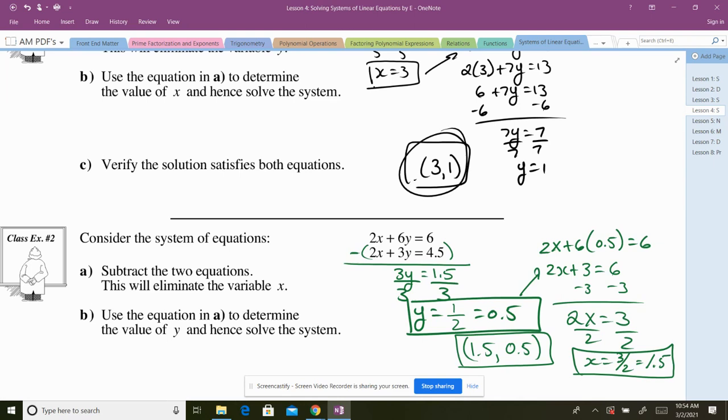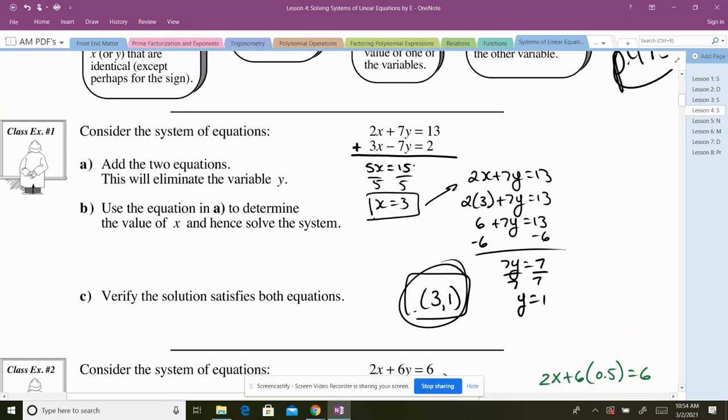Oh, yeah, you choose. You decide. So you look at it and you go, okay. Whereas this one, 7y and 7y, but one's positive, one's negative.